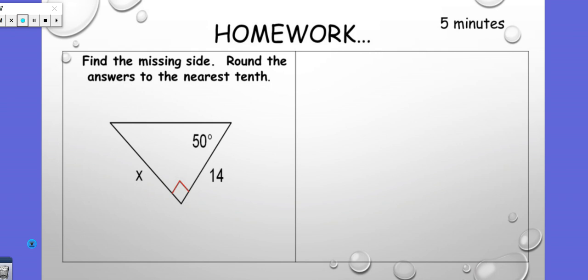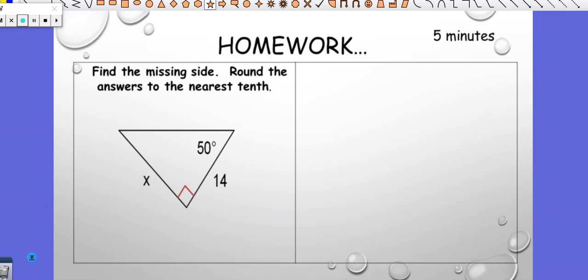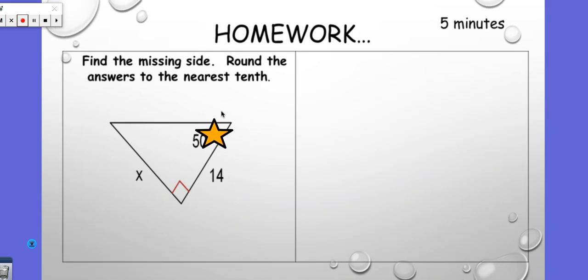Okay, so we're going to put your finger on the angle that you're given, which is 50. This side is the hypotenuse, this is the adjacent, and this over here is the opposite.